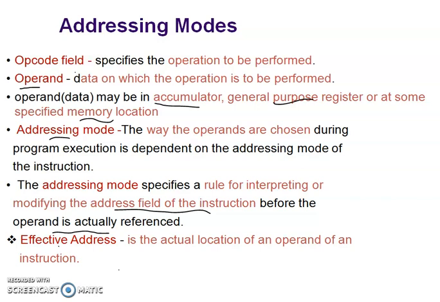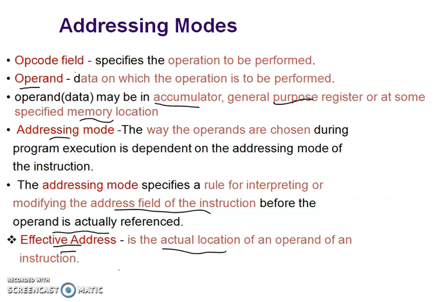The effective address is computed in order to fetch any operand for the instruction to get executed. An effective address is the actual location of any operand of an instruction. When an instruction is fetched from the memory, it will have operand fields, and in order to fetch the operand from the target location, we need to compute the effective address.